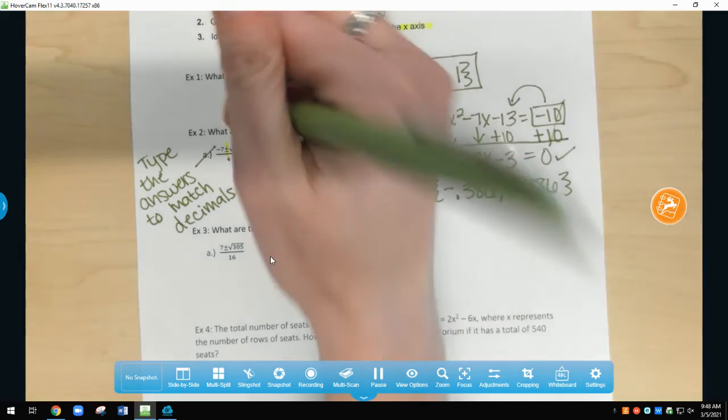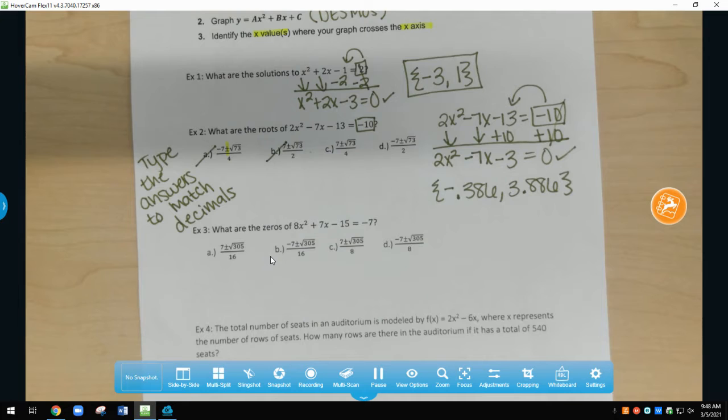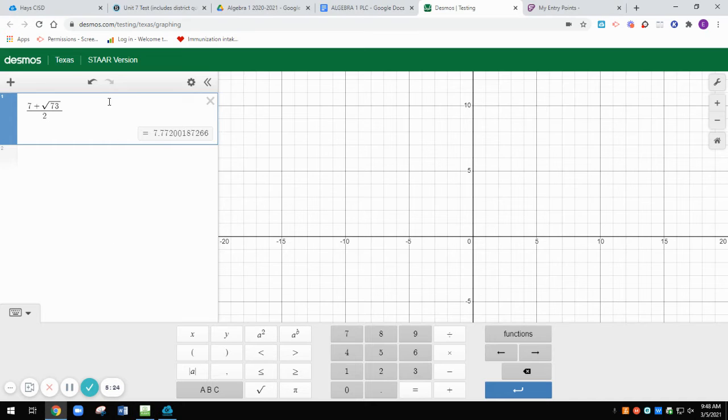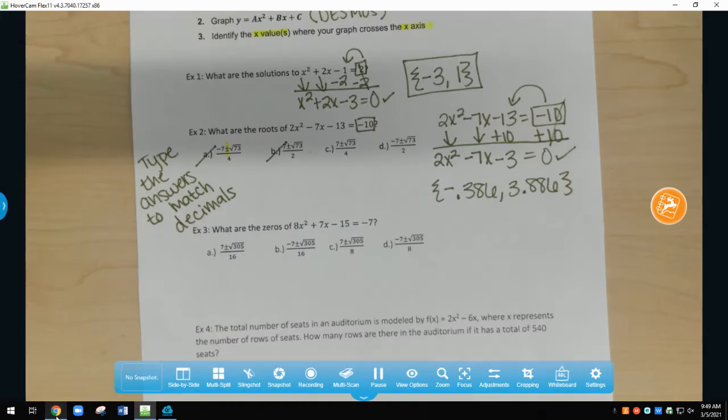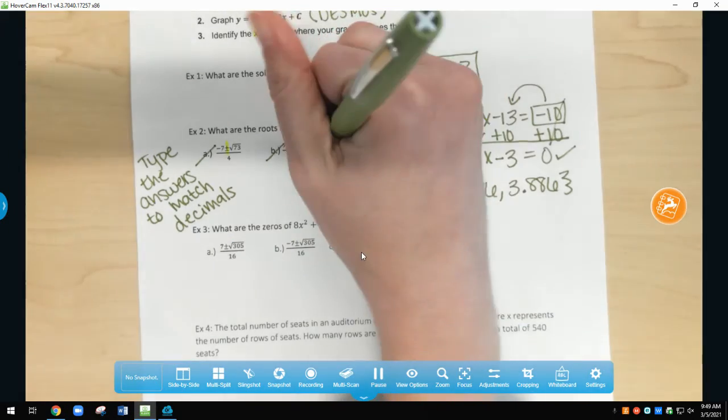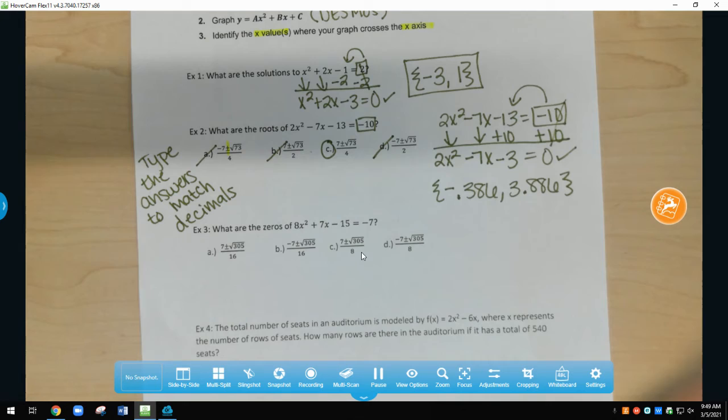So I'm going to cross out B. Let's try C. So the only difference between B and C is I need to change the denominator to a 4. Okay, so that gives me one of my options. Now I'm going to change the plus to a minus. That gives me the other answer. So my answer would be C.